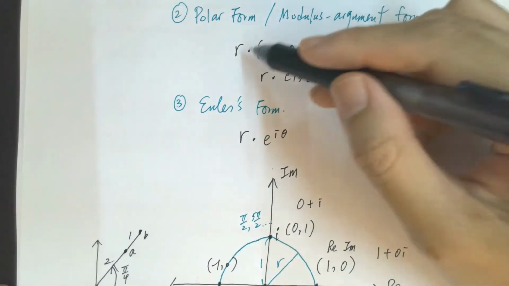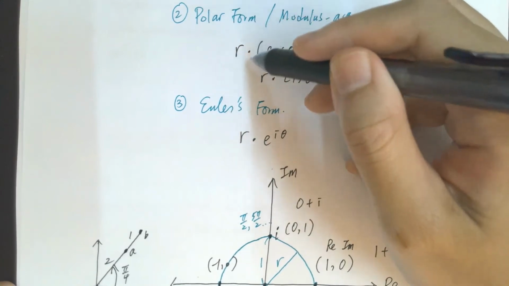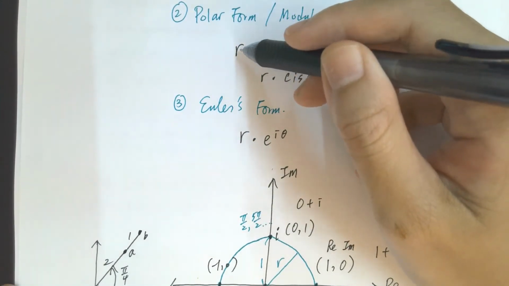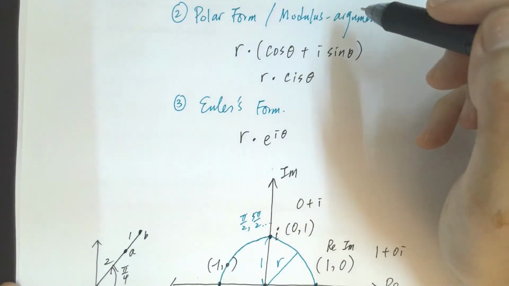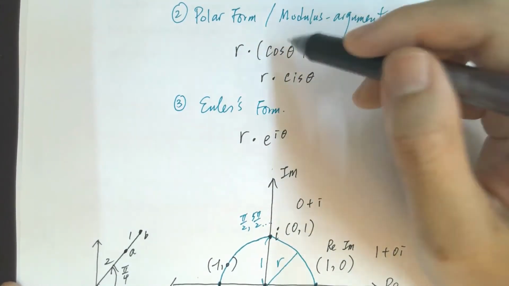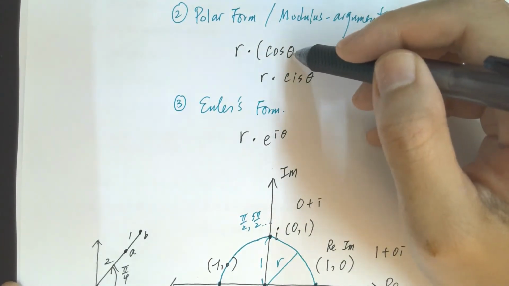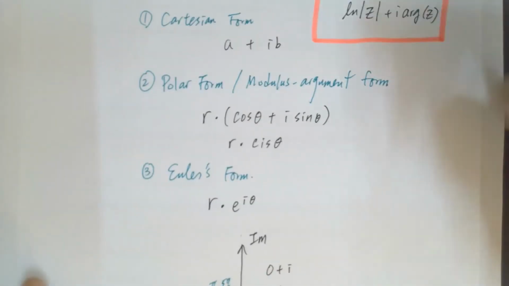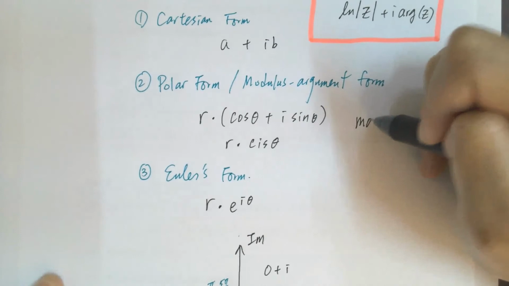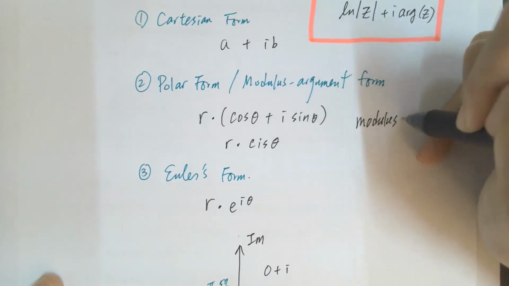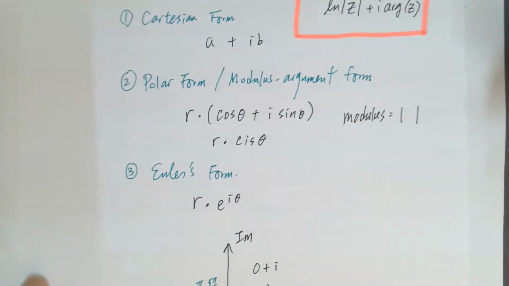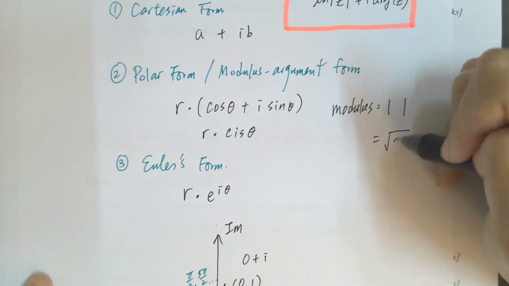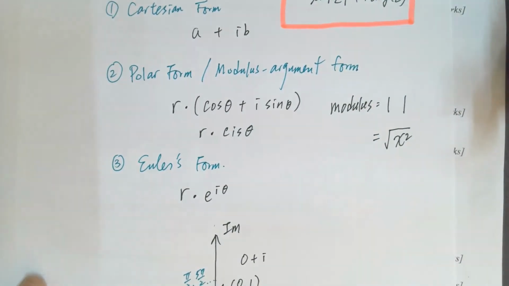The modulus refers to the distance, the r, the radius from the origin, and the argument refers to the angle. Let me remind you, that's completely natural language, because modulus, as we recall, is the absolute value, and it's defined as the square root of the number squared.